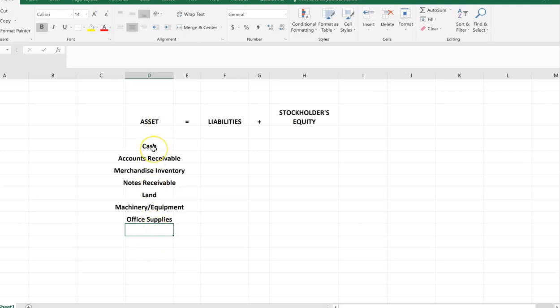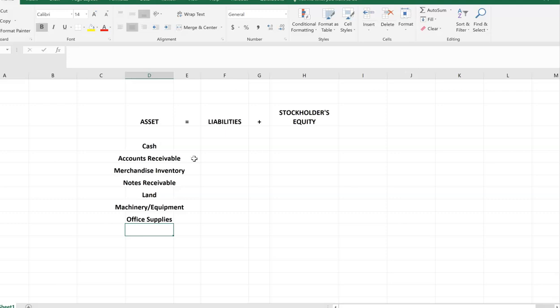When we talk about cash, every business has cash. They have a bank account, they have money in their checking account. That's considered cash. If I have to write a check to pay a bill right now, I'm going to pay it with my cash. So your checking accounts, petty cash, things you have lying around, that's all considered cash. Whatever the total of that is is included in your cash account. Accounts receivable is an account that tells you who owes you money. Your customers. You sell a product, I sell lamps.